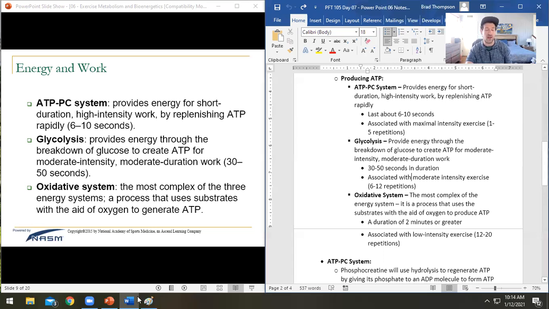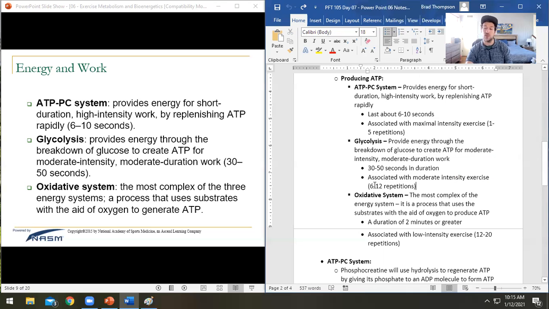That's the regular glycolysis process, taking place in the fluid portion of the cell, where glucose comes in and ATP plus pyruvic acid comes out. So this provides energy by breaking down glucose to create ATP for moderate intensity, moderate duration. So the ATP PC system is high intensity, low duration. This is moderate and moderate, right?